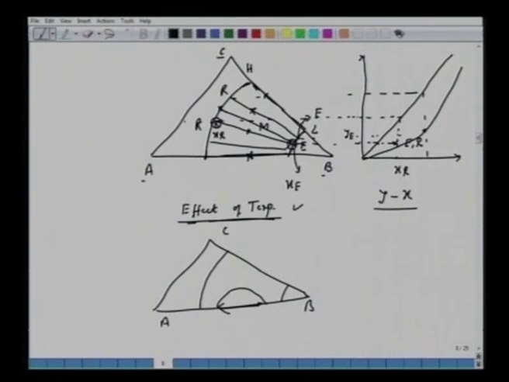Again, you can go through the textbook to see that you have different types of systems and different effects of temperature. Before we go to the next stage, of course we said that for a ternary system A plus B plus C, we require an equilateral triangle. But we must not forget that if we fix the weight fractions of A and B, then C is fixed, 100 minus A and B. Or if we fix the amount of B and C, the third component is fixed.